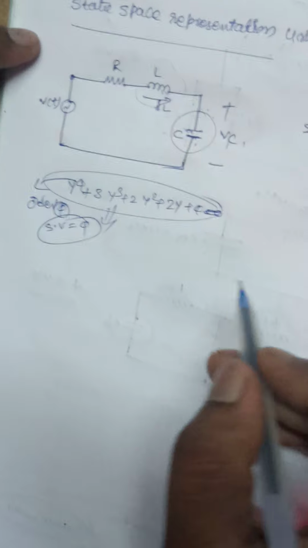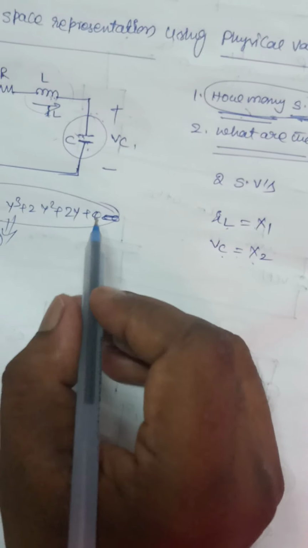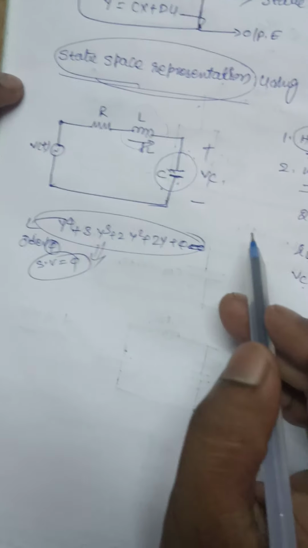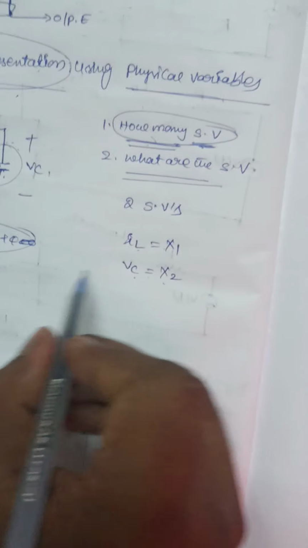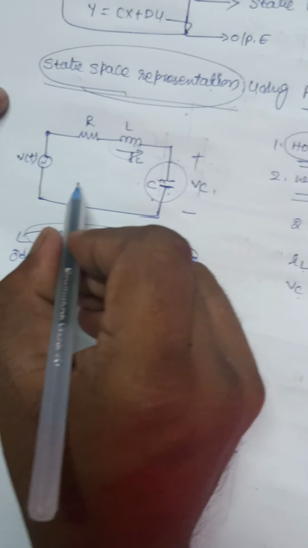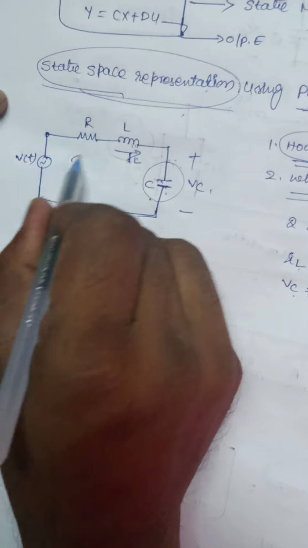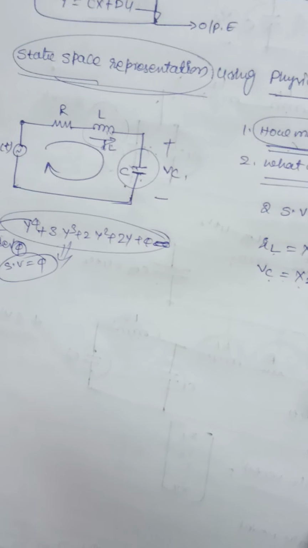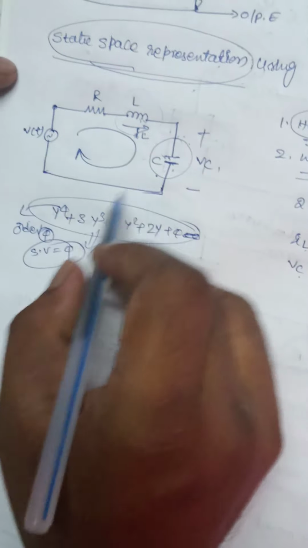Now if you want to write the state space representation, I need to write the state model for this electrical system using physical variables. These are the physical variables. To write this state model, I have to write the KVL, and in some cases the KCL also. Write down the KVL here.